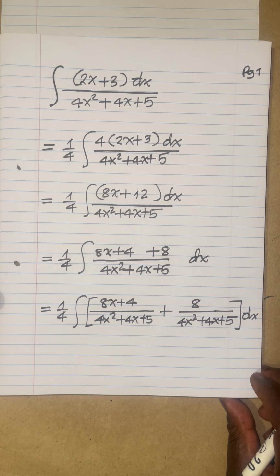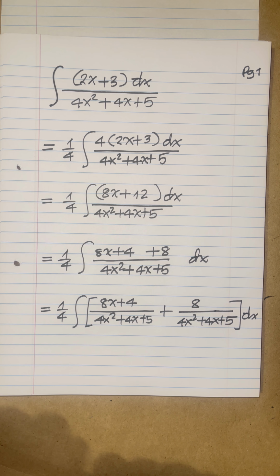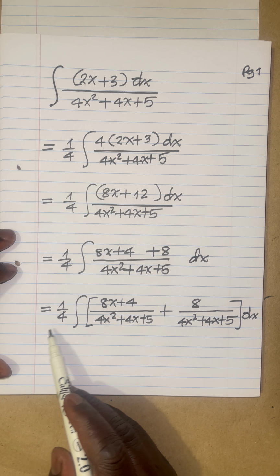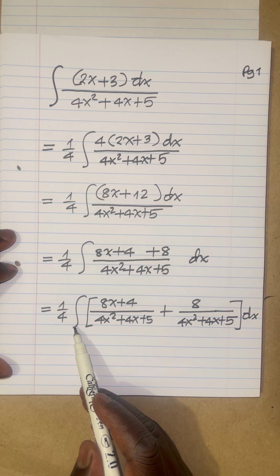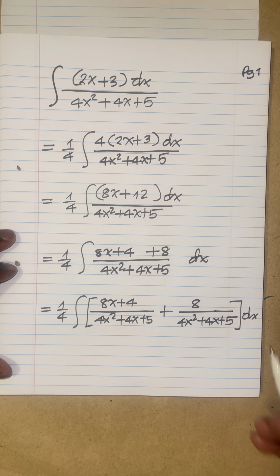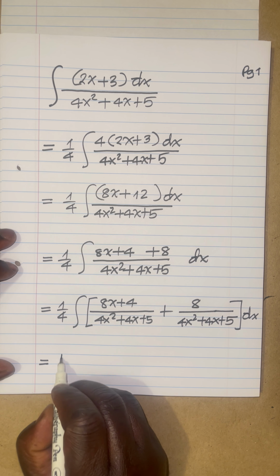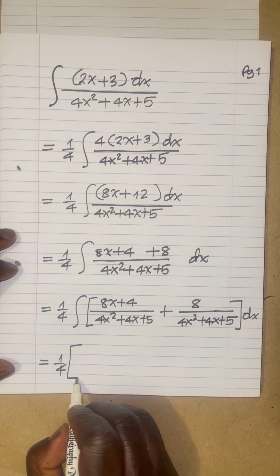Now after this, what do we do? Well, what we do now is to distribute. I can keep the quarter out, but distribute the integral and the dx as follows. So this is going to be 1/4. Let me put a bracket out here now.